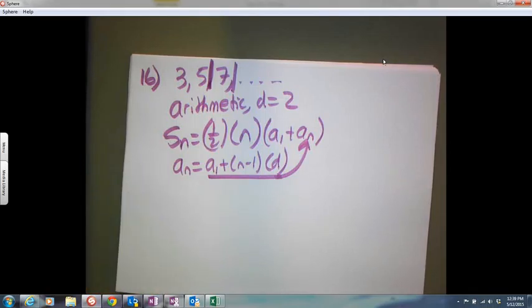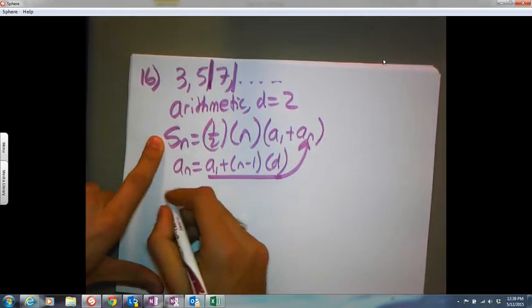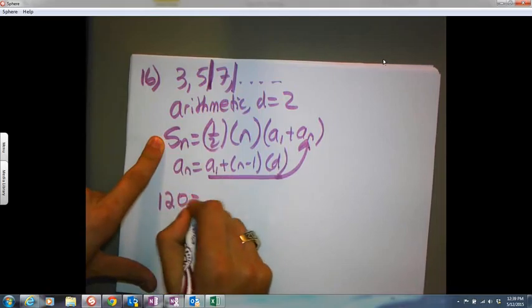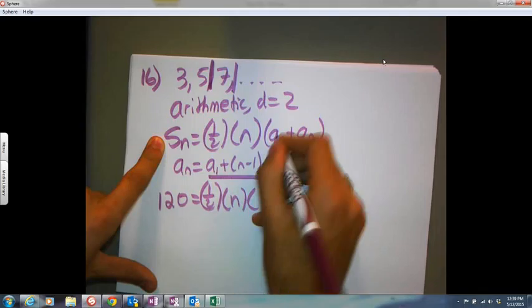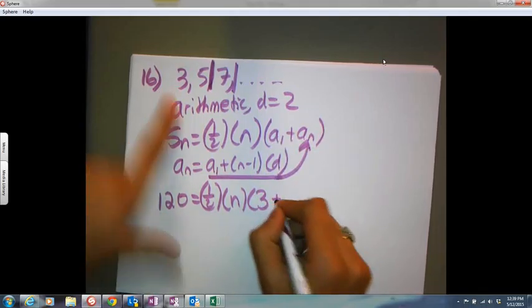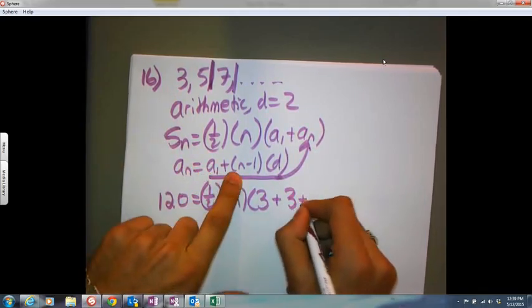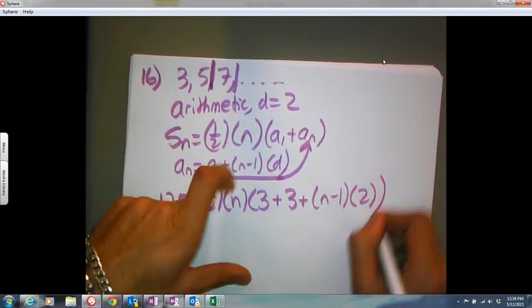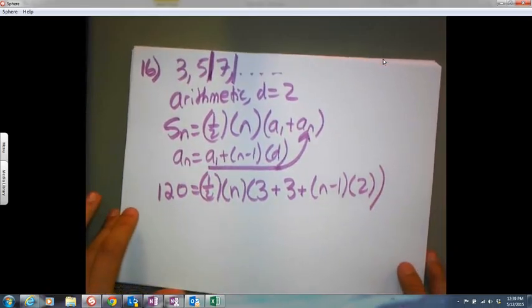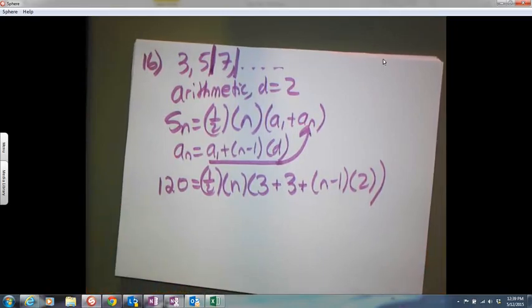So let's plug in what I know. Sn is 120, 1/2 is just 1/2, n is just n, a1 is 3, plus a1 again, plus (n minus 1) times 2. Questions? And now it's just algebra.